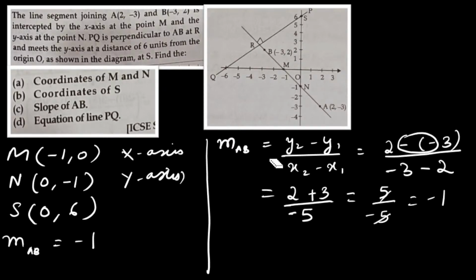Now slope of line PQ. Slope of line PQ we have to find. Now for PQ, one piece of information is given to us. PQ is this line and AB is this line. It's given to us that PQ and AB are perpendicular to each other.